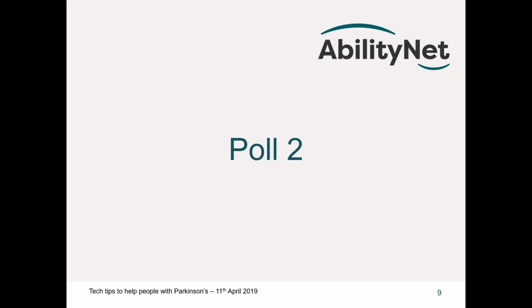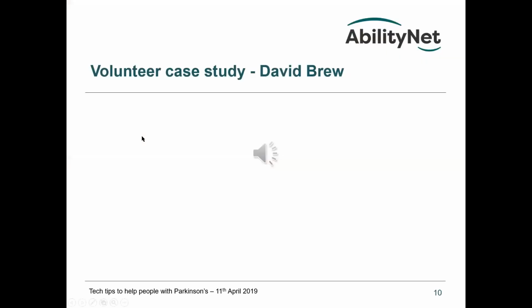We have volunteers all over the UK, and David Brew is one of our volunteers in Northern Ireland, and he helped a client called Dorothy. This is quite interesting because there's a case study that's been written for one of the Parkinson's magazines, and so this is his view.